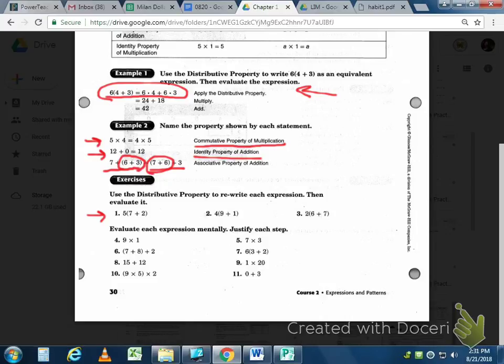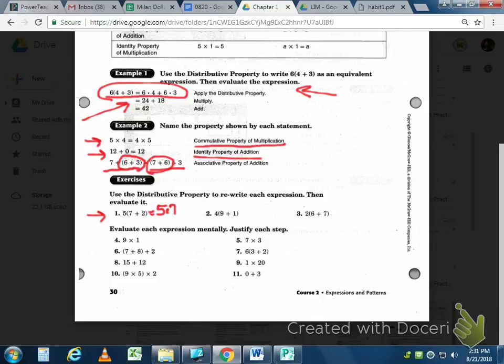So Layla, are you doing number 1? So 5 times the quantity 7 plus 2, but it says rewrite it. So how would we rewrite that? Nope. You're supposed to rewrite it just like we did up here.